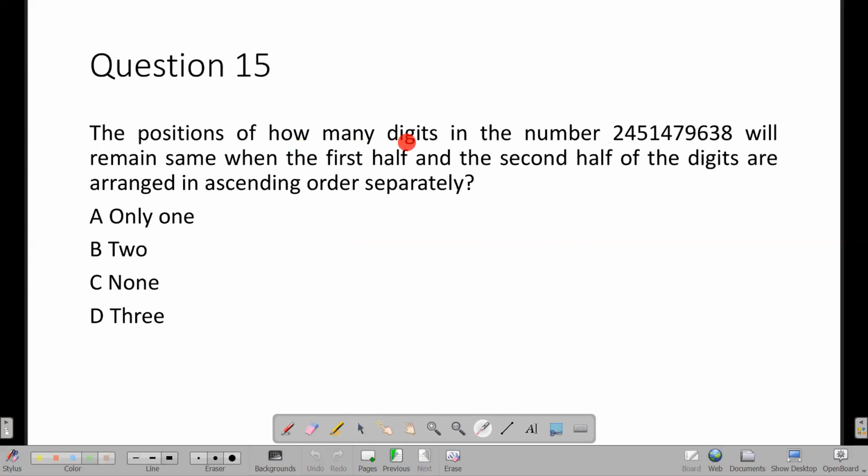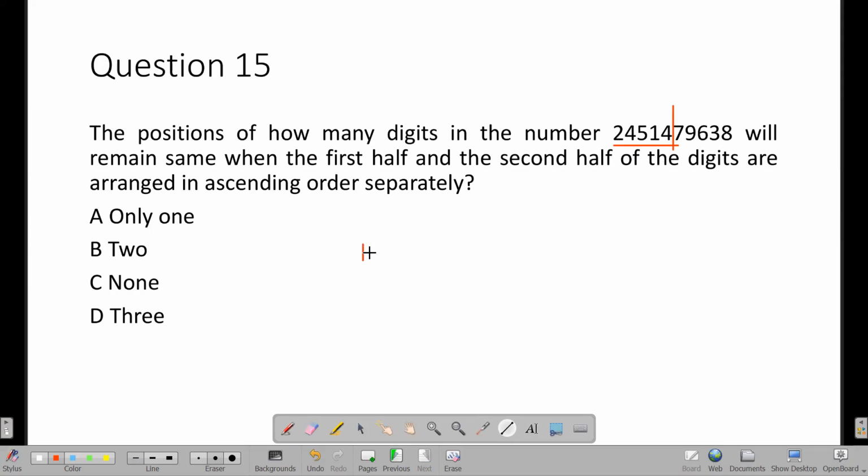The positions of how many digits in the number 24514 79638 will remain the same when the first half and the second half of the digits are arranged in ascending order separately. So you are considering 5 digits, okay? 24514 79638. So arrange these 5 digits in the ascending order.